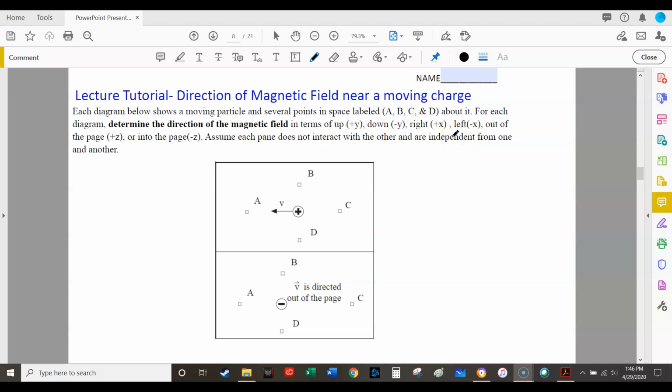So let's practice this. Let's do a relationship between a moving charge and the direction of the magnetic field. We're going to just do the top pane right now.